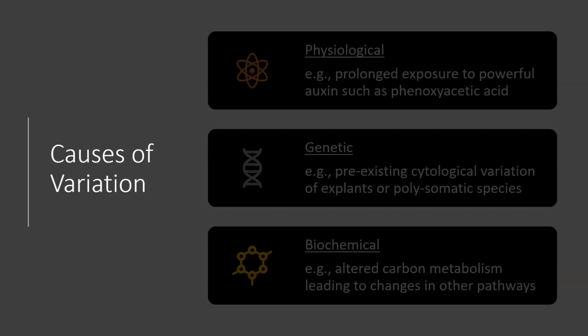Over the years, considerable research on trying to identify the causes of variation in culture has been conducted. Apparently, every possible factor that could result in a genetic change has been accounted for as a cause for somaclonal variation.